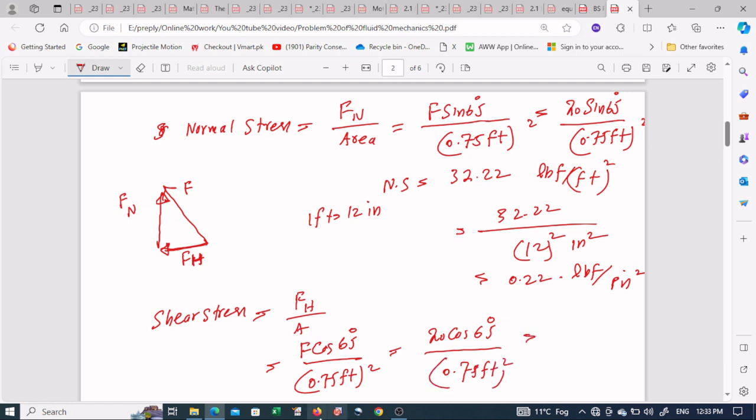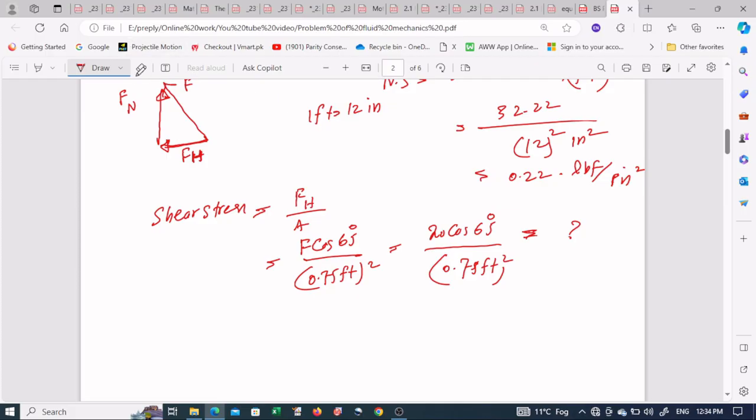Now we solve this and we get the answer 15.02 pound per feet square.